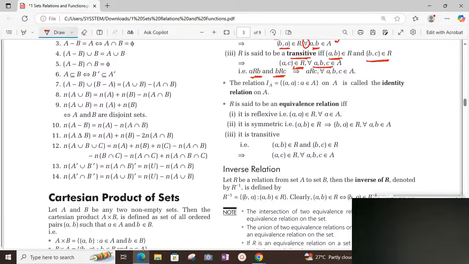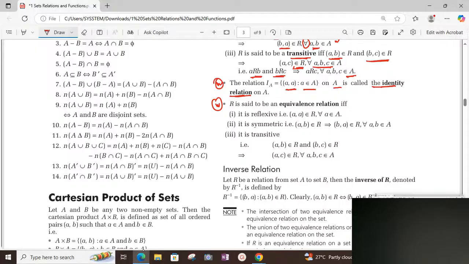Let's see the relation I_A: (a, a) is an element of I_A such that a is an element of A. This is called the identity relation on A.